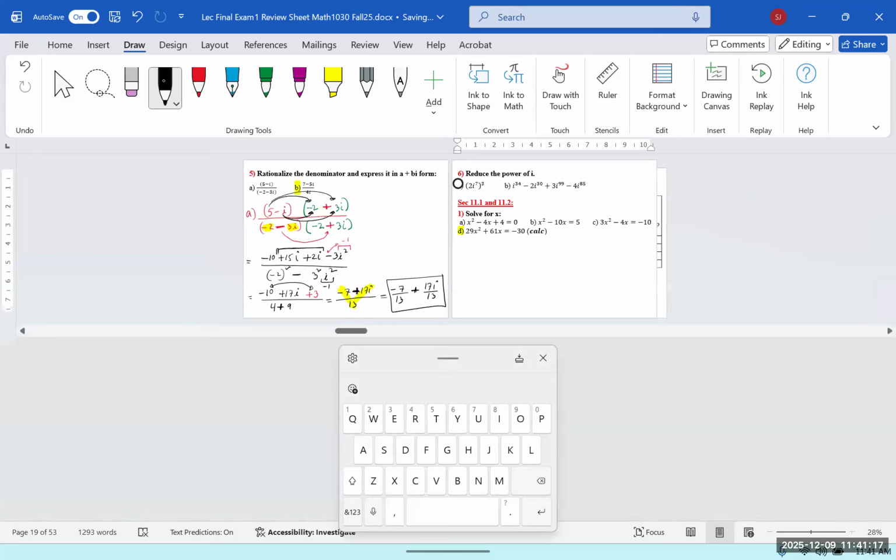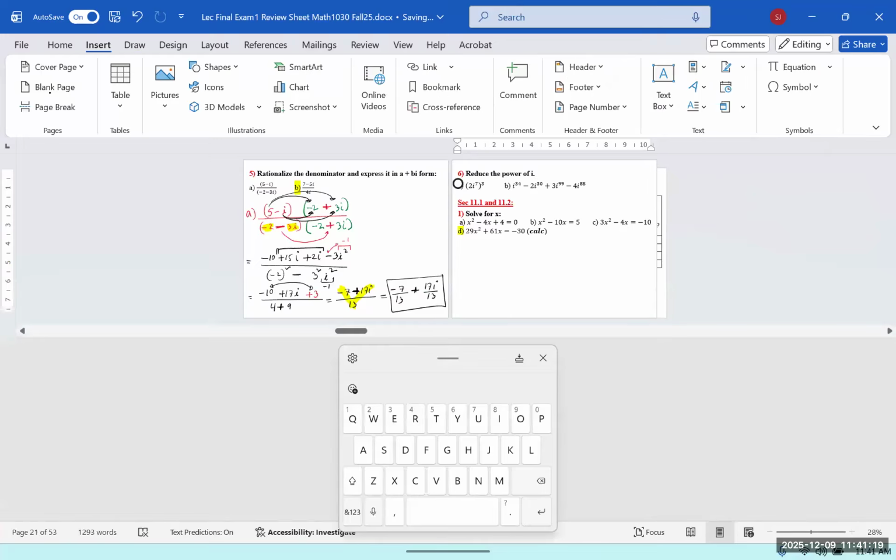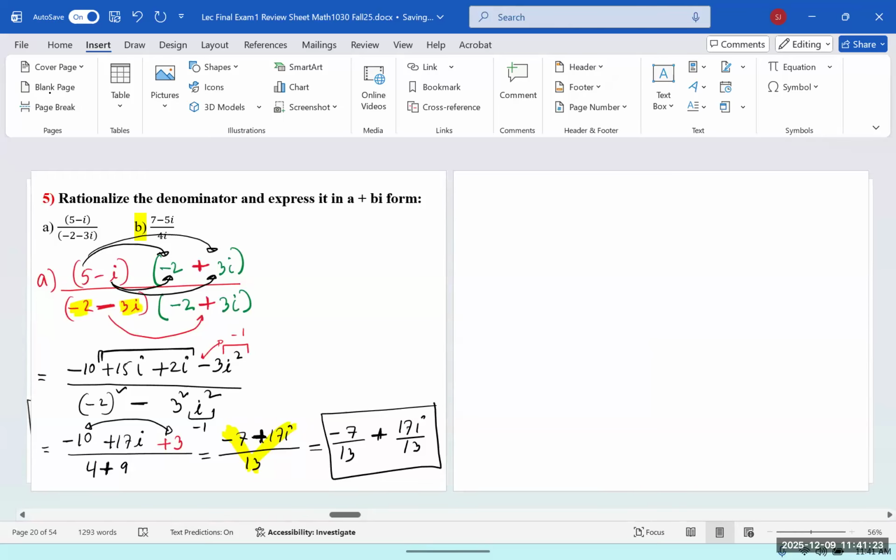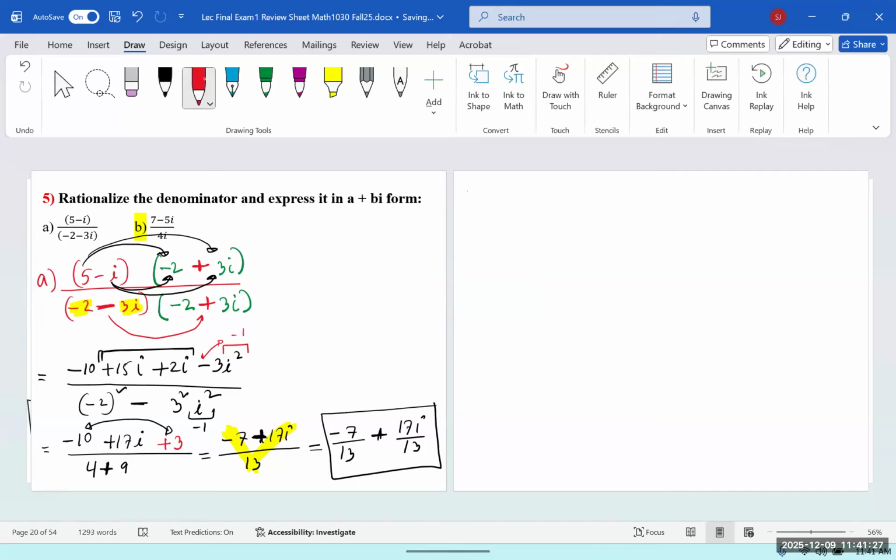Now when you have one term, life is actually much easier. For example B, we have 7 minus 5i on the numerator and only 4i on the denominator.